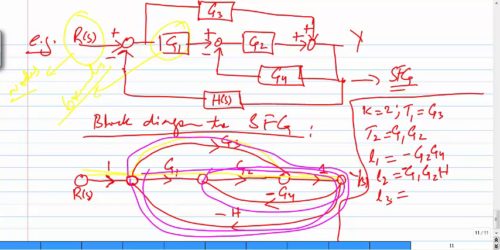Then third loop is minus G3 H. No, only 3 loops.